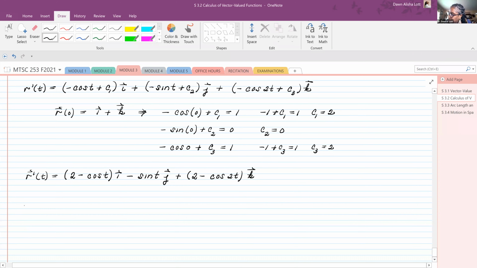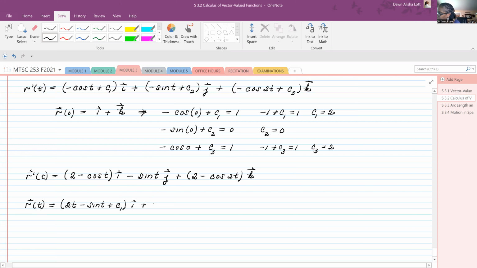So therefore V of t, nope. R of t is what I'm trying to get to. R of t, I'm going to get 2t minus the sine of t plus C1 i.